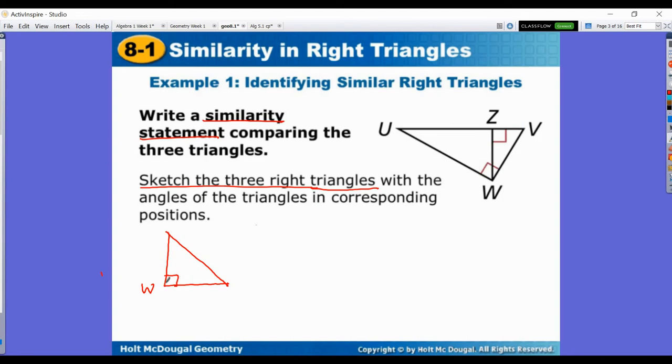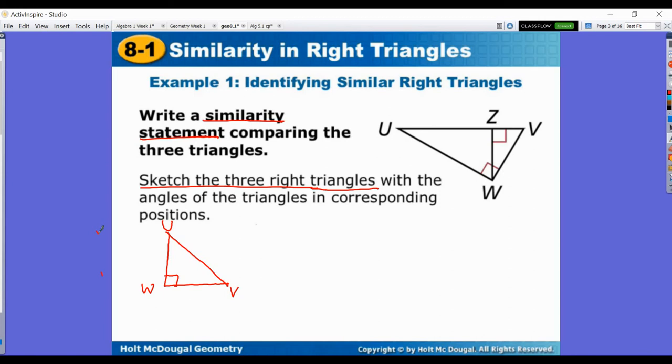All right, so I didn't draw this quite well, but here's my short leg, and here's my long leg of that triangle. And if I look at this, my short leg has the point V, and my long leg has the point U. So I'm going to go ahead and label it that way. So my short leg is going to have V. My long leg there is going to have U. Okay, so there is my large triangle.